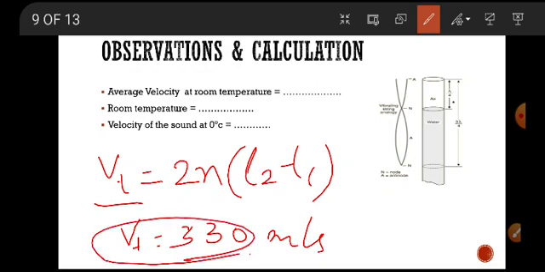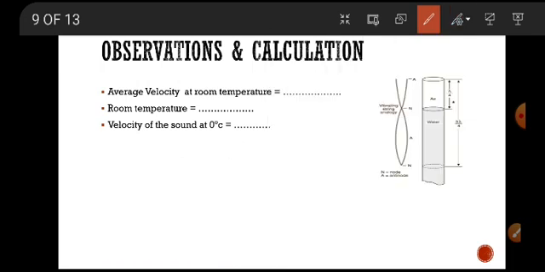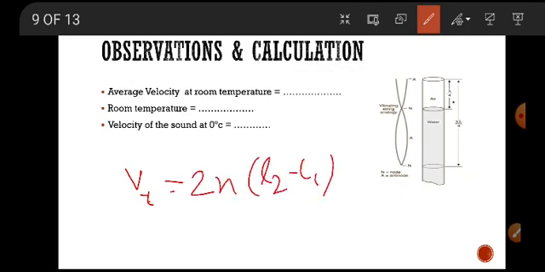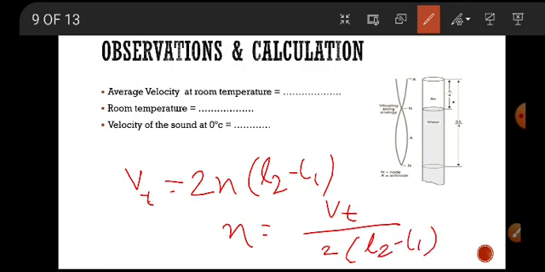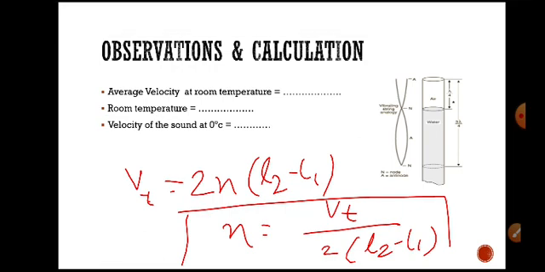You substitute this value for Vt and find n, since you know the values of L2 and L1. So n equals Vt by 2 into (L2 minus L1). By using this formula, you can find the unknown frequency of a given tuning fork.